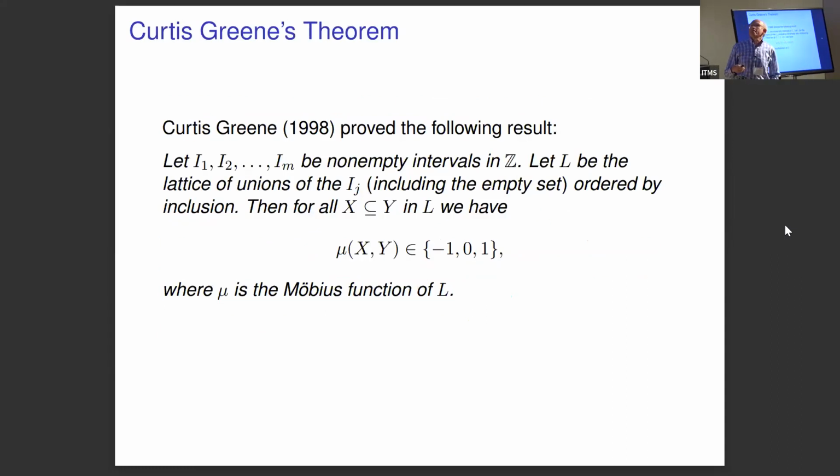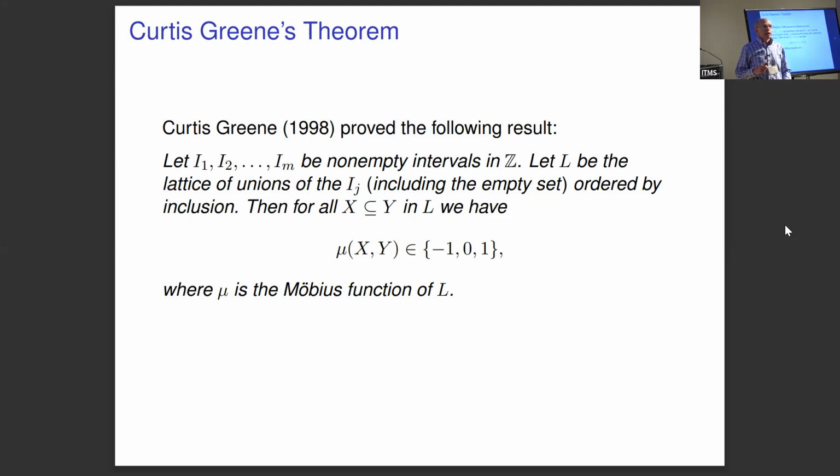Curtis-Greene's theorem, why he was looking at this. So he proved another theorem about things that are 0, 1, or -1. It looks somewhat different. He's looking at a lattice generated by a set of intervals. He just said it's in the integers, but it could be in any totally ordered set.